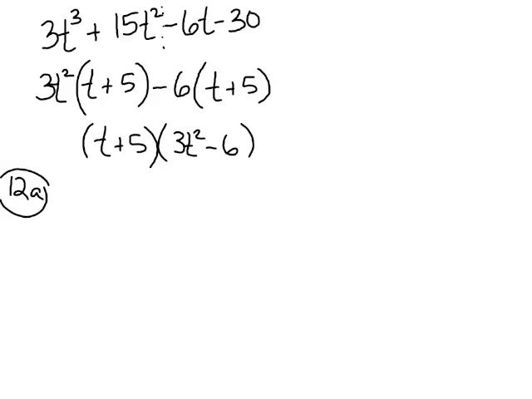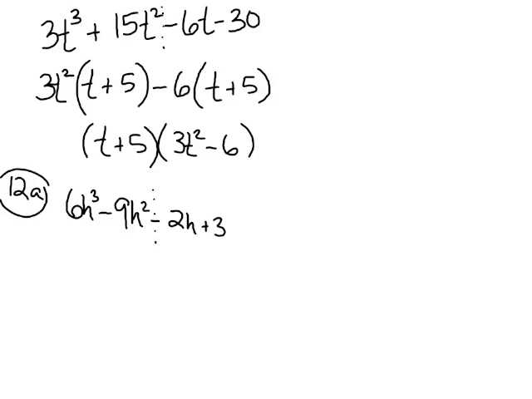So 12a, we have 6h cubed minus 9h squared minus 2h plus 3. Okay. So we're grouping. Let's divide in half.